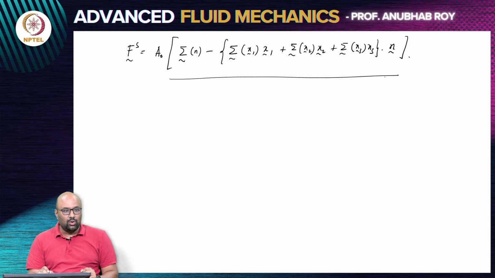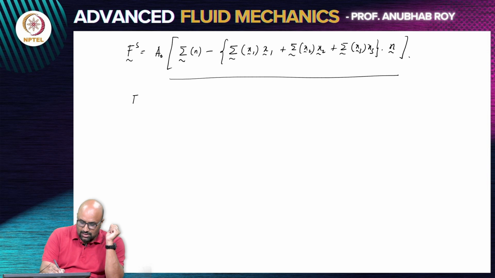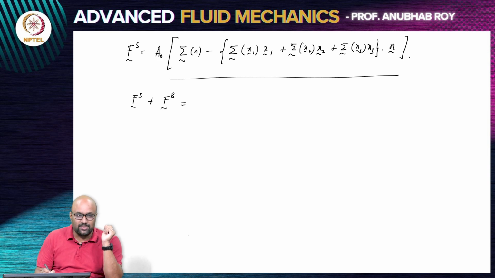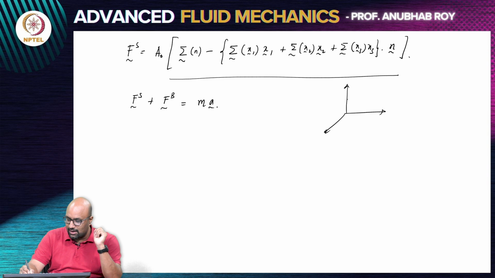Now what should this be equal to? Sum of all the surface forces plus the body forces should be equal to mass times acceleration, right? Now let's see how this scales in terms of dimension. We are looking at this tetrahedron, which has a characteristic dimension delta, and recalling what we said, volume will go as delta cube, area will go as delta square.